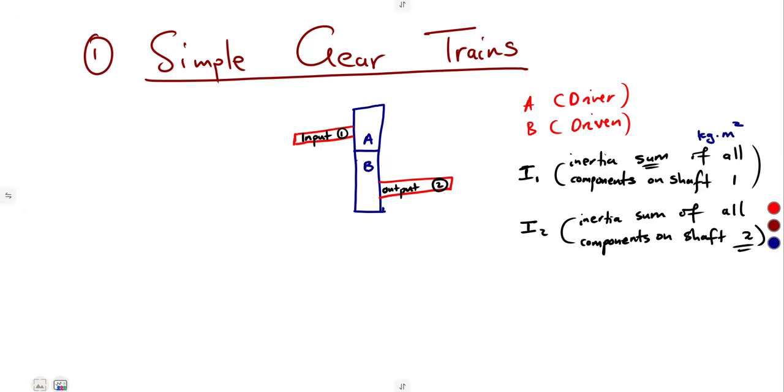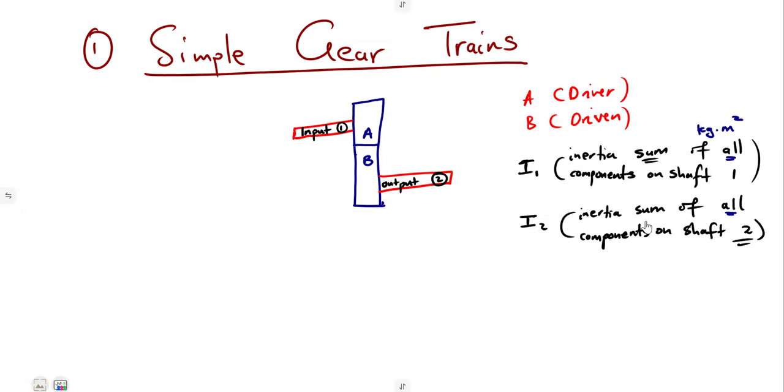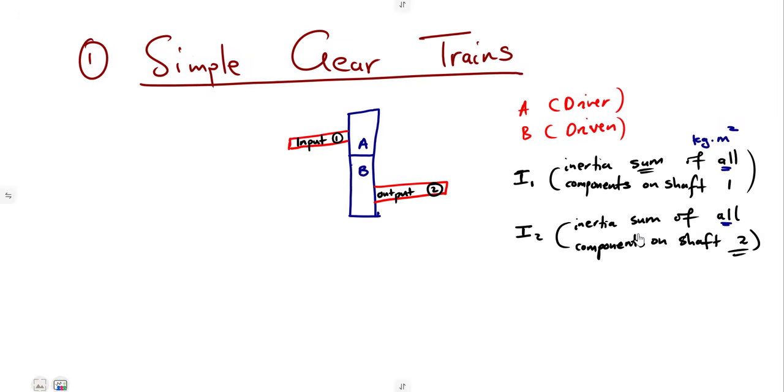So take note of all components, we have to consider that everything is there. For any other adjustment, we'll see, but that is when we are using compound gear trains.